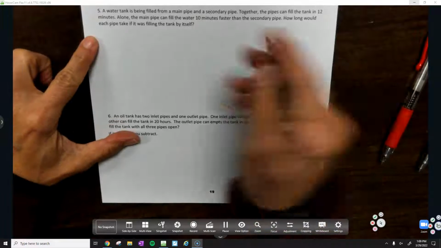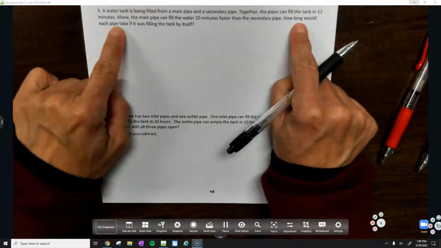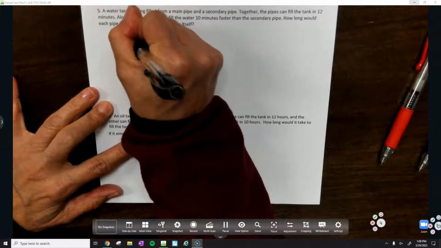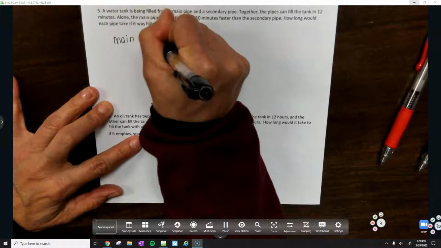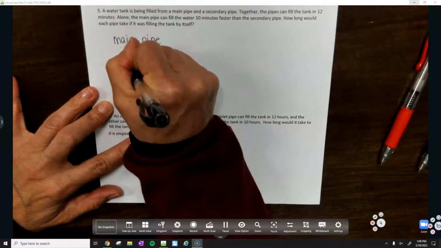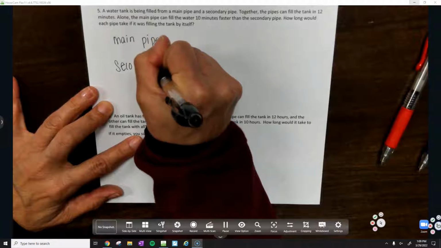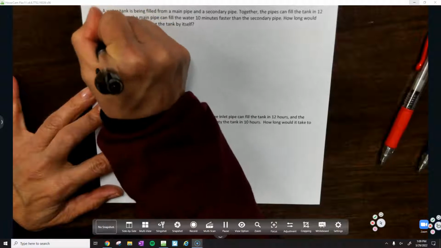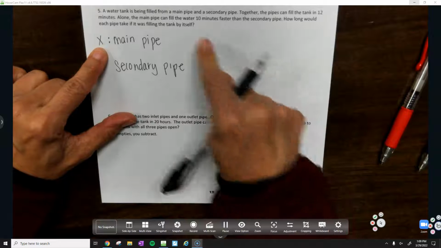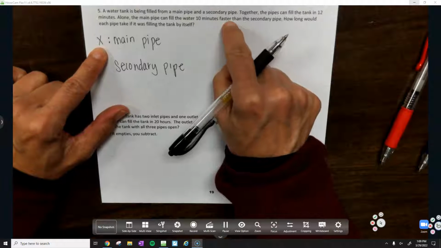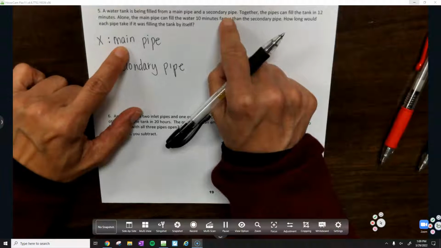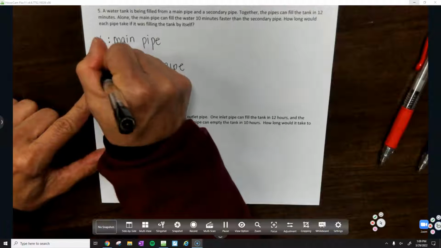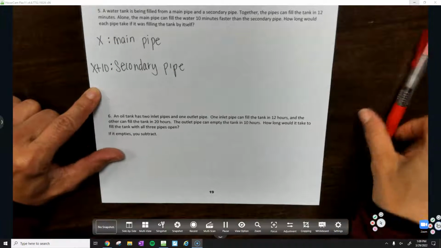So for this, remember, we are looking for how long it will take each pipe. There are 2 pipes: a main pipe, and then a secondary pipe. We're going to let the main pipe be X, and remember, the main pipe is 10 minutes faster, less time for the main pipe, which means the secondary pipe is going to be X plus 10.